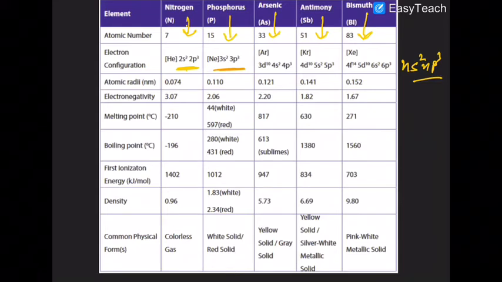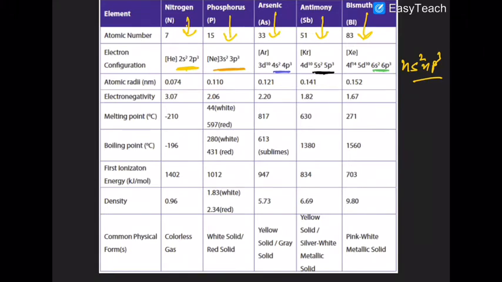In case of arsenic, it is 4s2 4p3. In case of antimony, it is 5s2 5p3. And in case of bismuth, it is 6s2 6p3. These things you have to memorize.